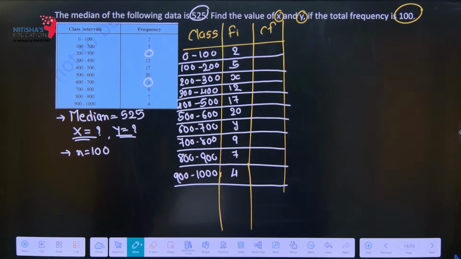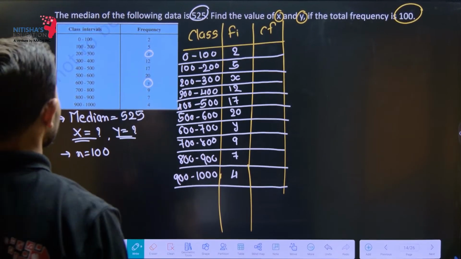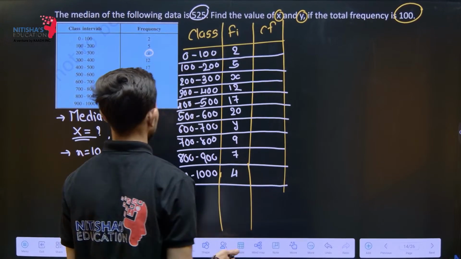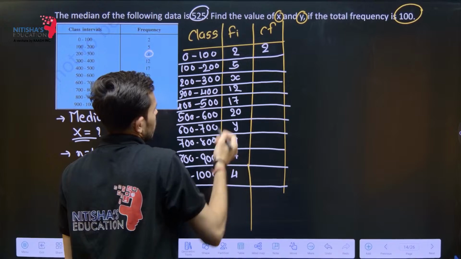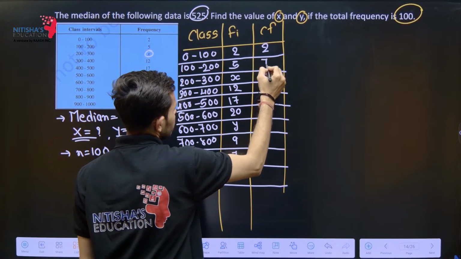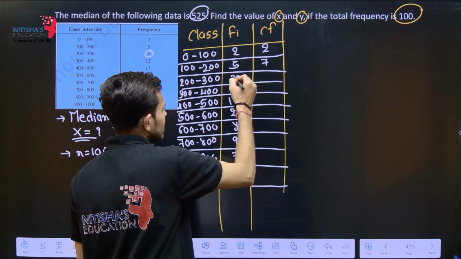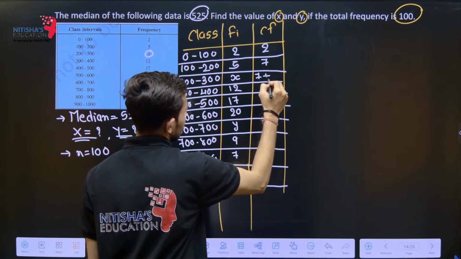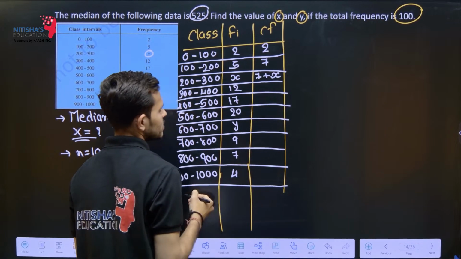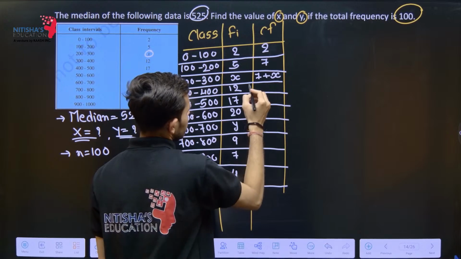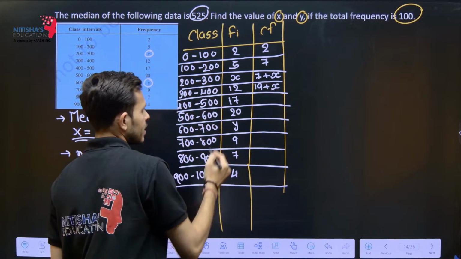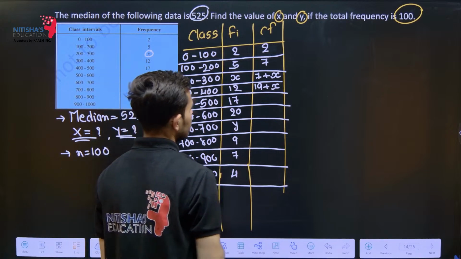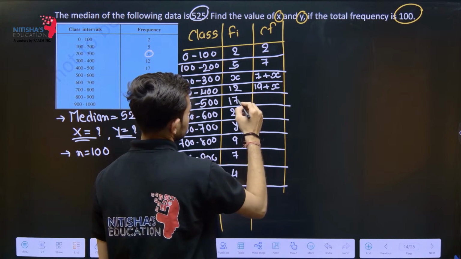The cumulative frequency will be 2. Let's add 5 to 2, it will be 7. Let's add x to 7, it will be 7 plus x. Let's add 12 to that, then it will be 19 plus x. Let's add 17 to 19, then it will be 36 plus x.